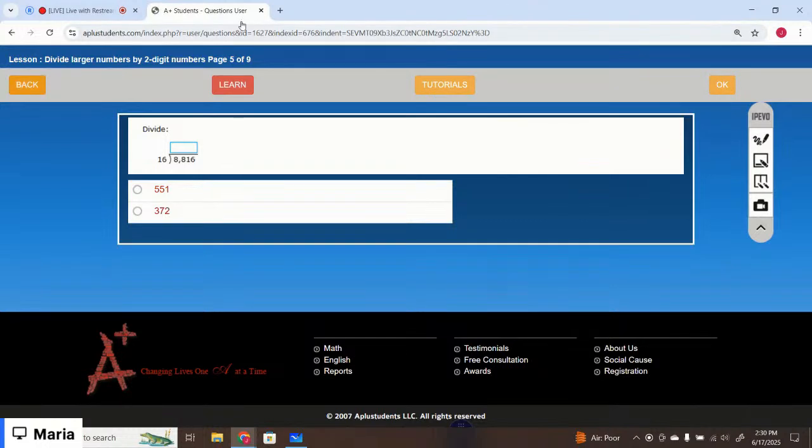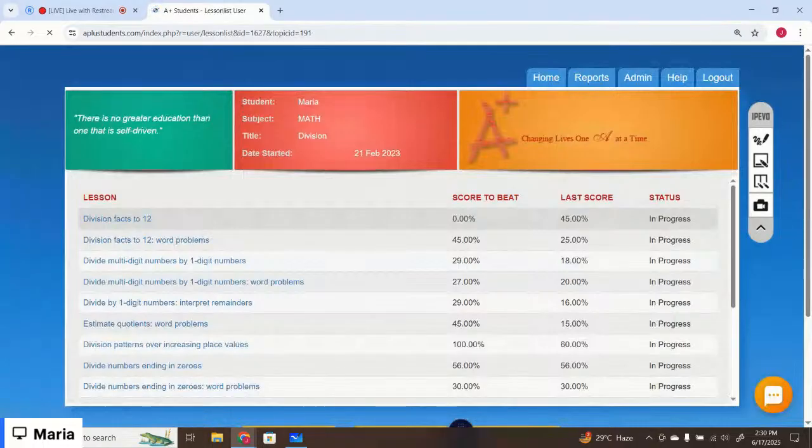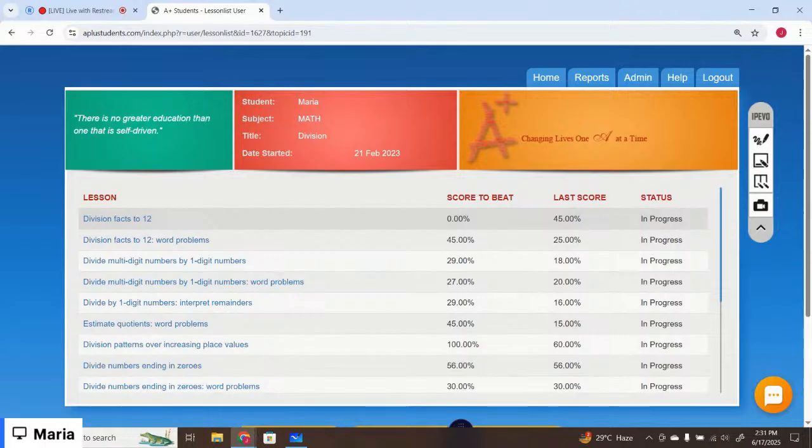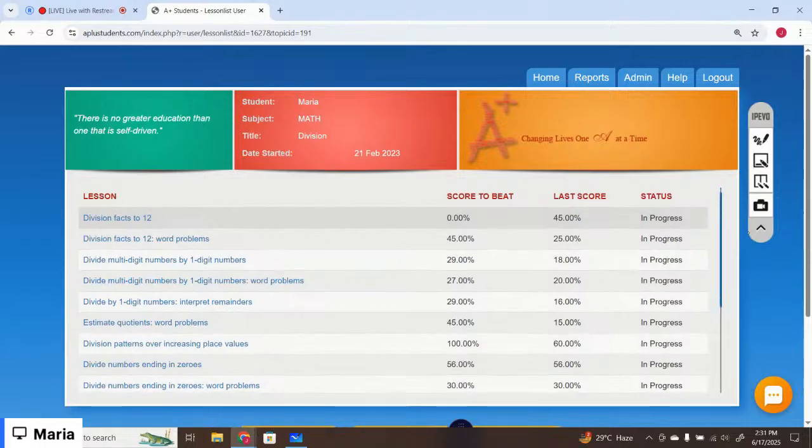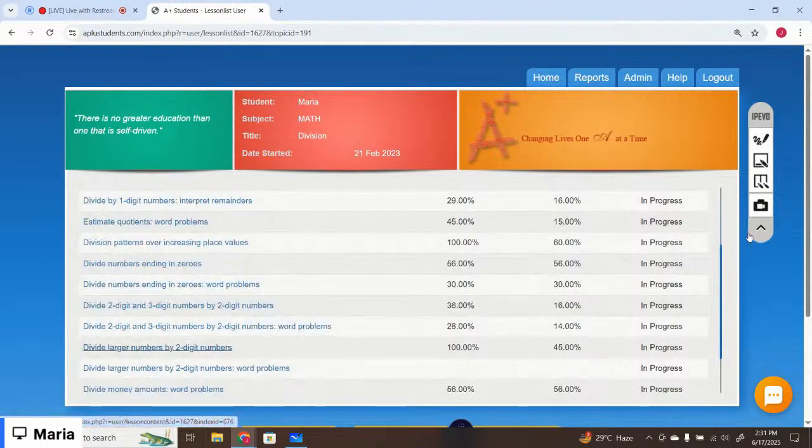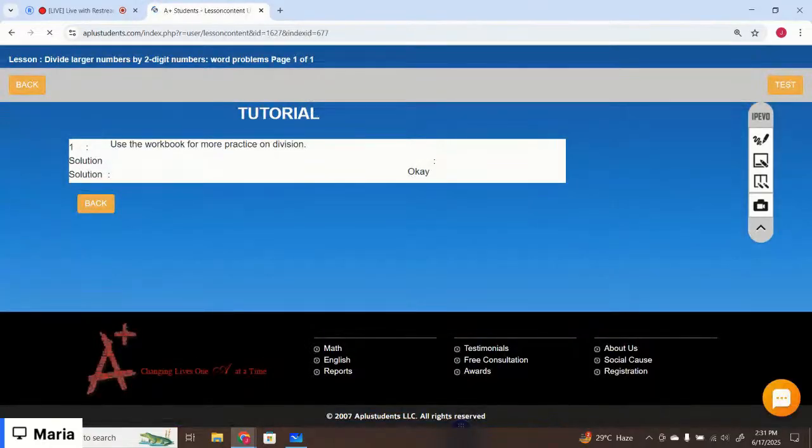And the next lesson is divide larger numbers by digit numbers with problems. Okay, let's go to the next lesson.